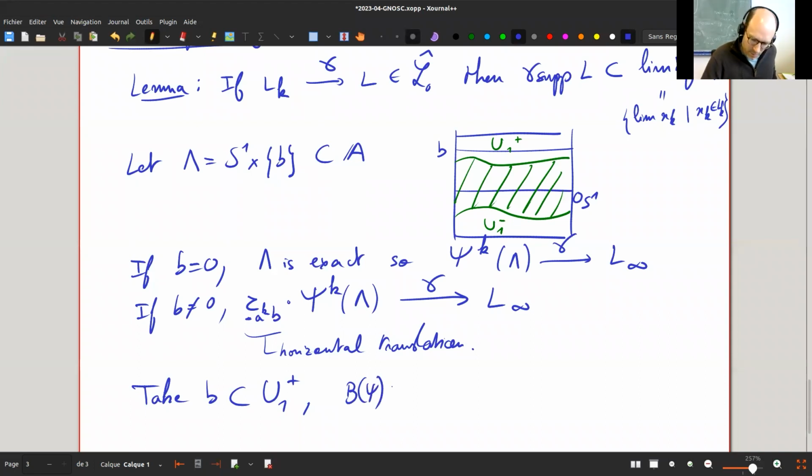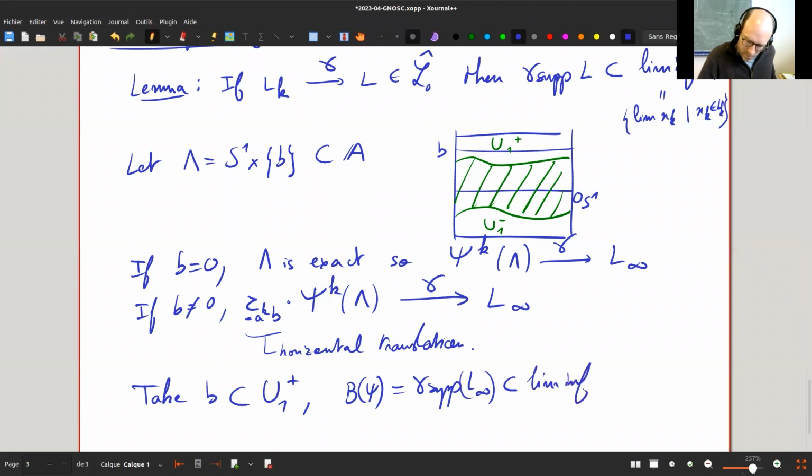by definition, is the gamma support of L infinity. And using the lemma above, we know it's included in the limit of tau minus a^k b psi k lambda, which is exactly the same thing as the limit of psi k of lambda.